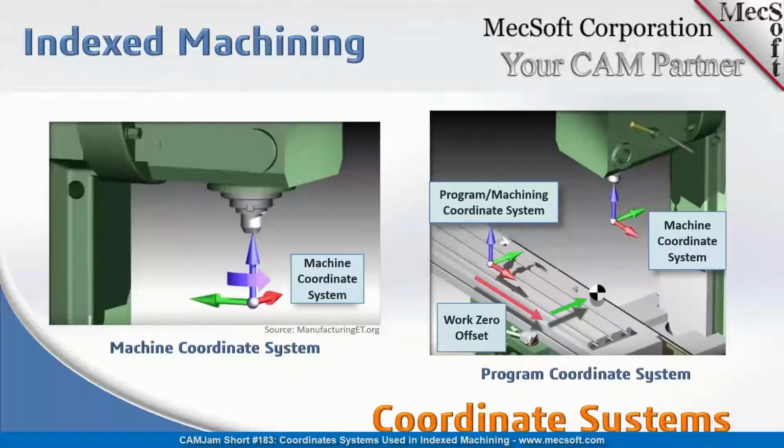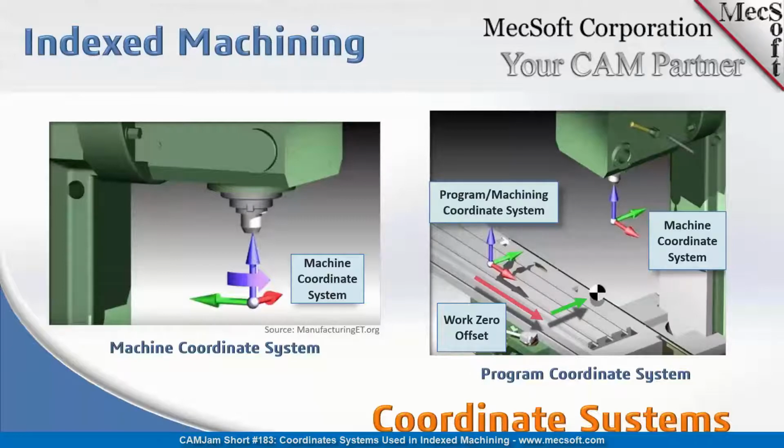So long as you have the design coordinate system and the machine tool coordinate system aligned, you can redefine your 0, which is what we call the program coordinate system, which some people also call the workpiece coordinate system, which is basically where the 0 and the x, y, z axes of the workpiece are defined. Most machine tool vendors will give you the ability to reset the 0, and as long as the axes are aligned, you can reset the 0 to coincide with your design coordinate system, or your world coordinate system.